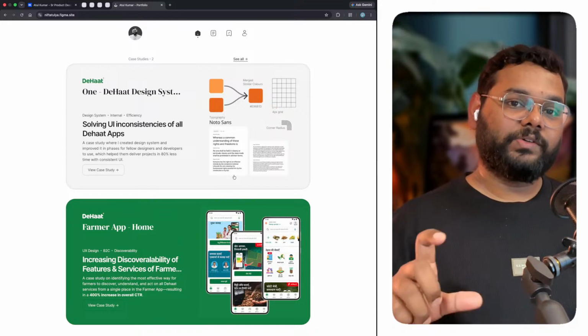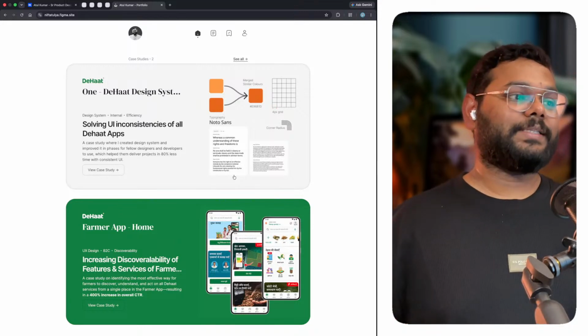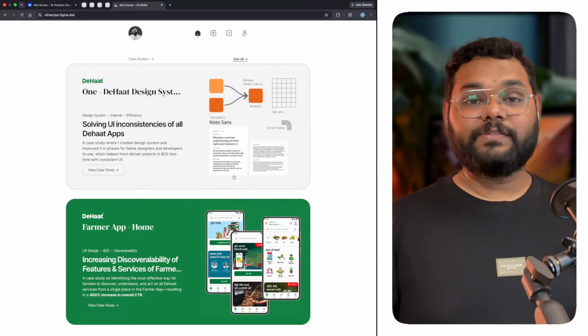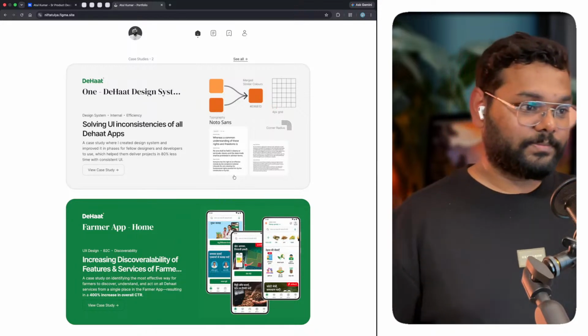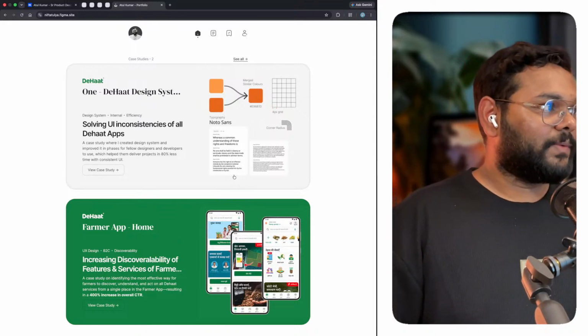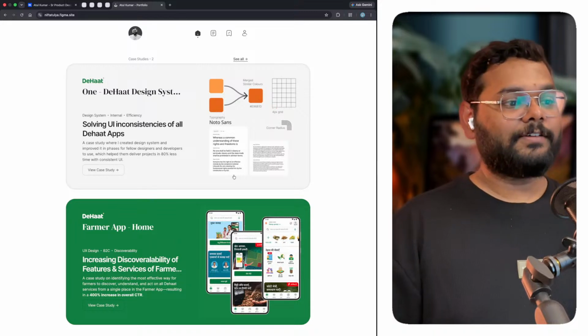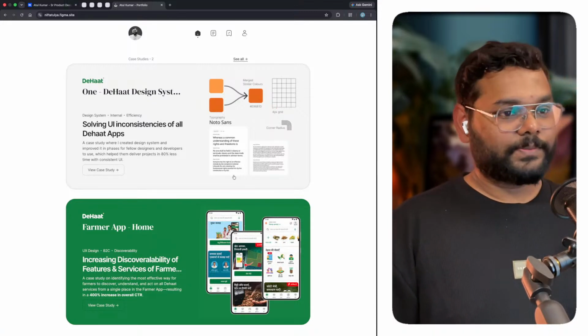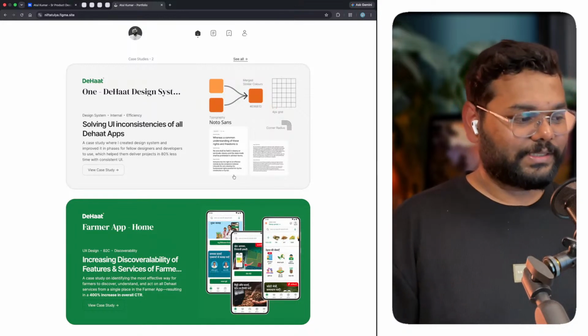You have to pay $12 per site, whereas in Figma, with $20 I can have 10 different sites connected to actual domains. So pretty good deal, and that's why I decided let's go ahead with Figma Sites. I have an individual subscription for Figma, so that's why I use it.